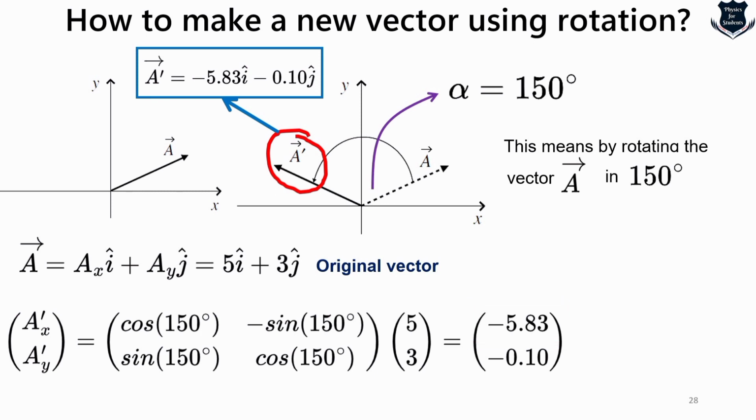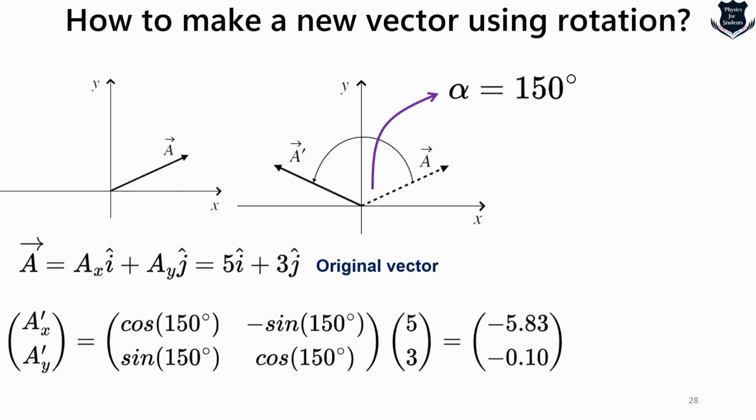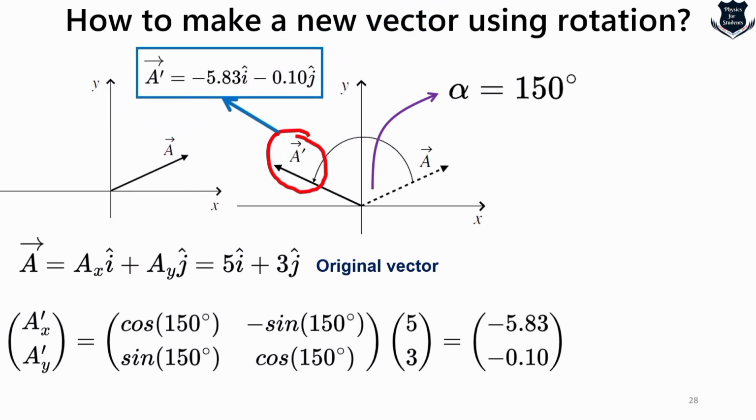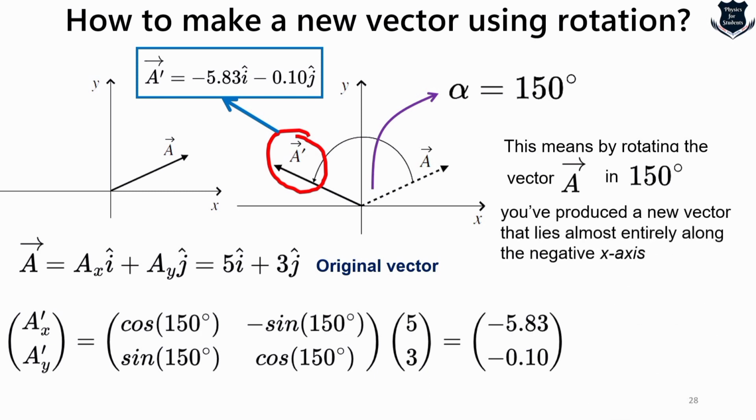Let me explain it again to you. If I take this original vector a, it gives the value of minus 5.83i minus 0.10j, if I plug in the values of sine 150 degrees, which you can easily do. So that means that by rotating the original vector a through 150 degrees, we have produced a new vector which lies almost entirely on the negative x-axis.